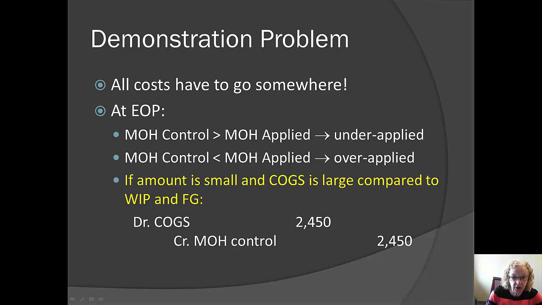For firms that use two overhead accounts, of course, the credit would be to manufacturing overhead applied, which would bring the balance of that account exactly to the amount in the overhead control account.